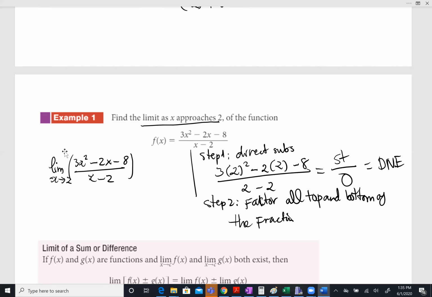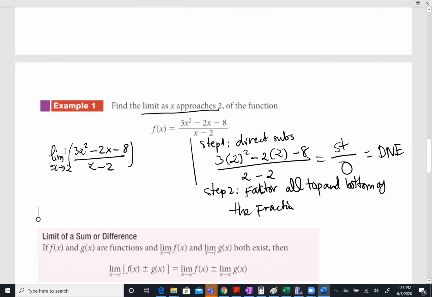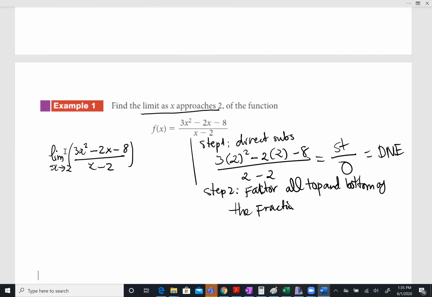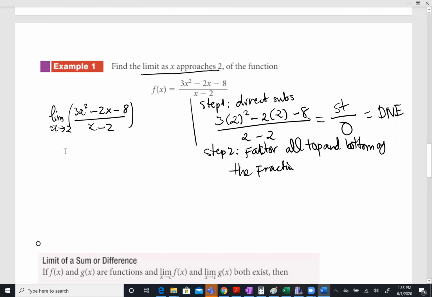Now, what happens? I will factor the top first. 3x squared minus 2x minus 8 is equal to what?